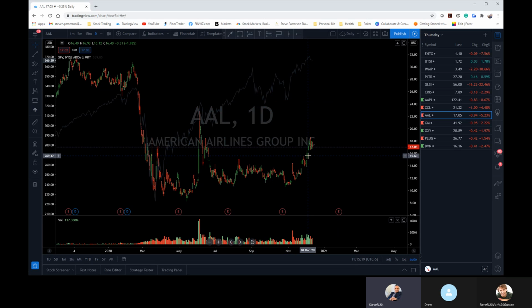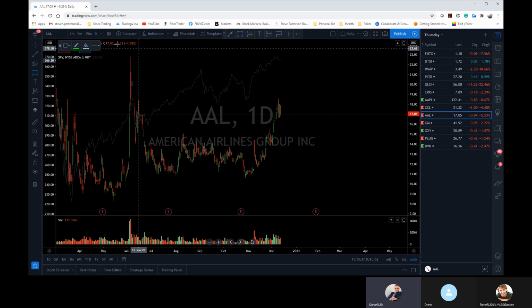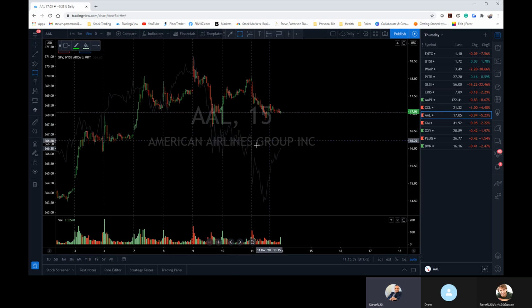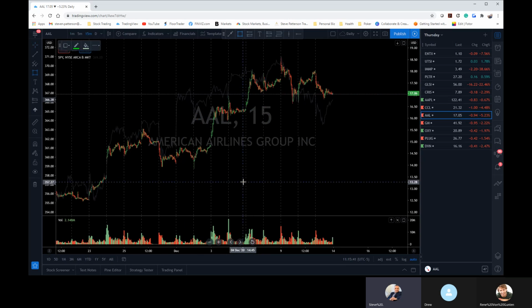So we can see the current liquidity of a stock, but there is also more liquidity, which is future liquidity or resting orders. So I don't know what that is right now, but I do know it probably looks something like this. And I'm going to go down to a smaller time frame to show it to you.